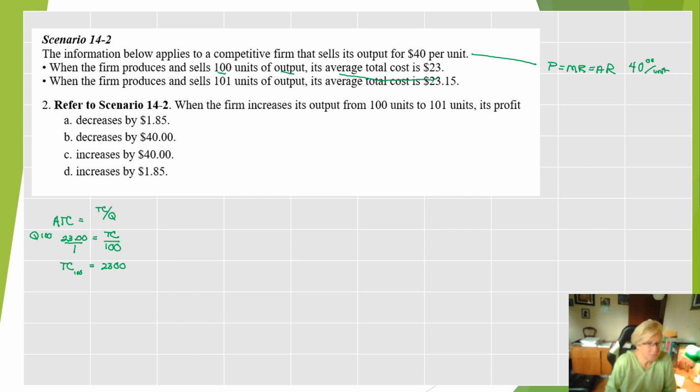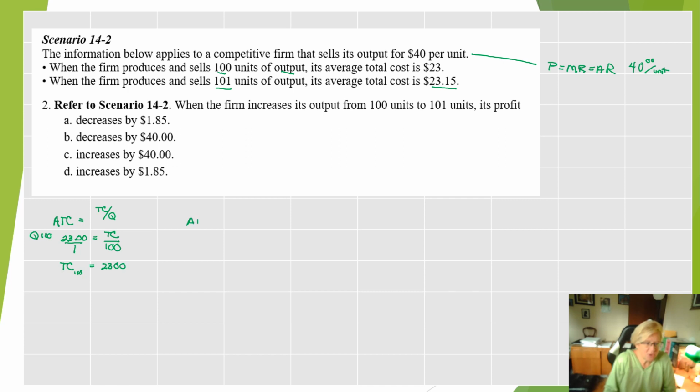So I'm going to go ahead and cross multiply, and I get the total cost at 100 units is equal to 2,300. The next information that I have says that my firm produces and sells 101 units of output. Average total cost is $23.15.